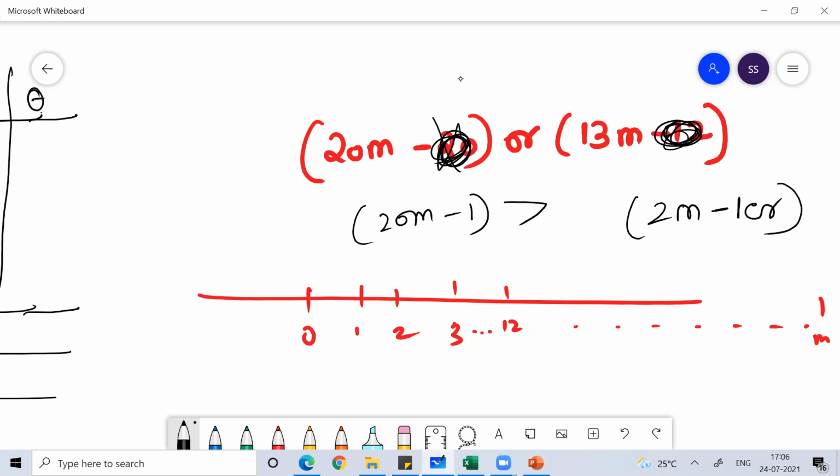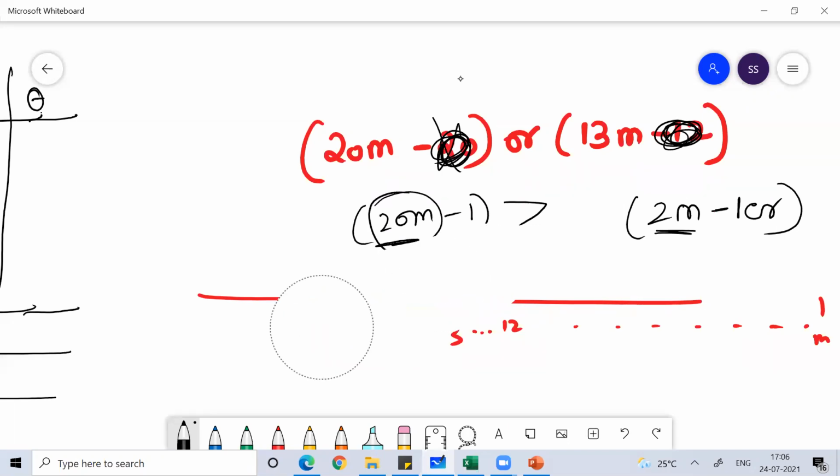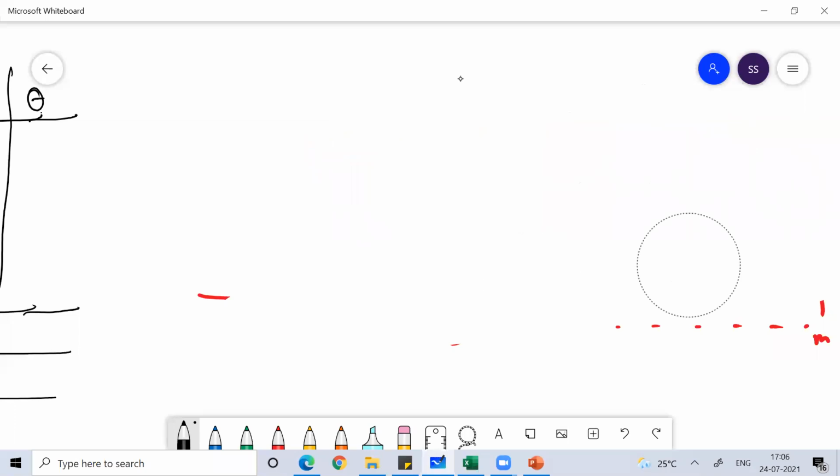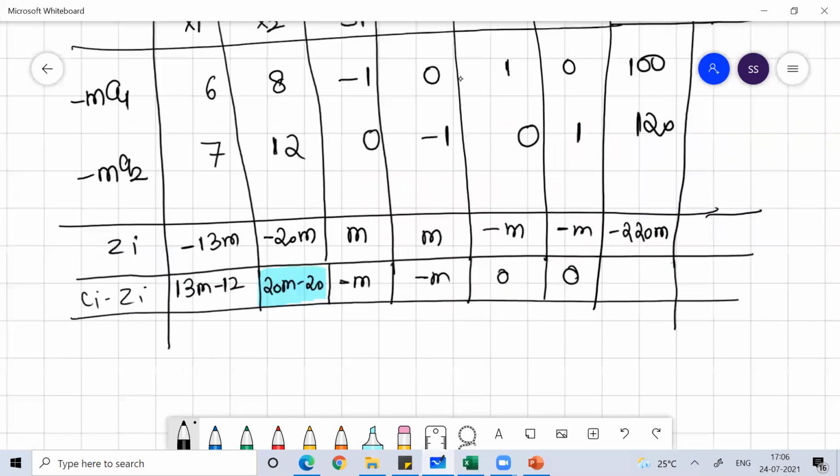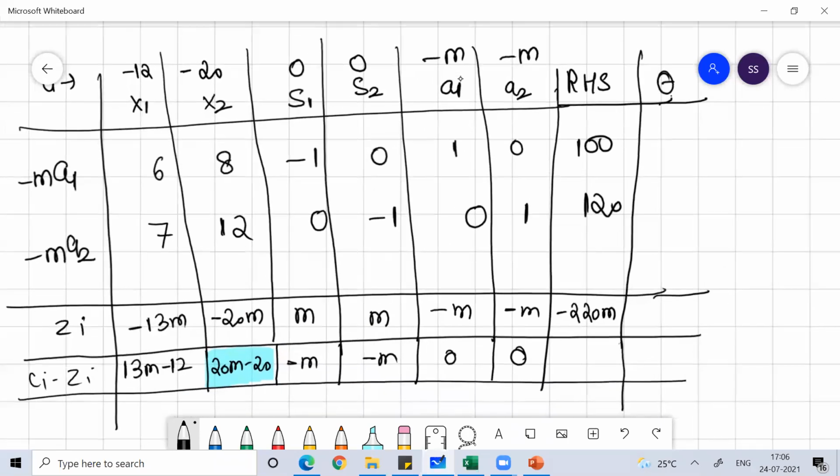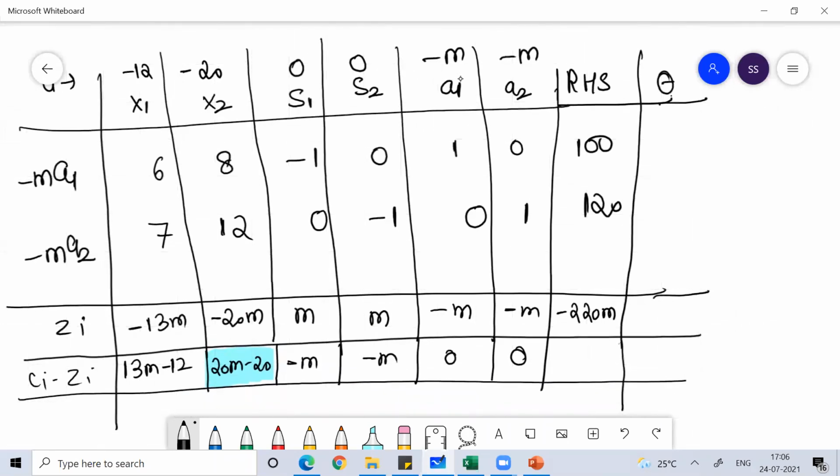M is a very large value, guys, so the term next to M doesn't matter. Definitely 20M will be bigger. So the bigger value is 20M minus 20.